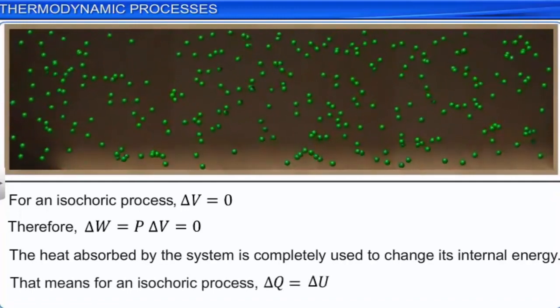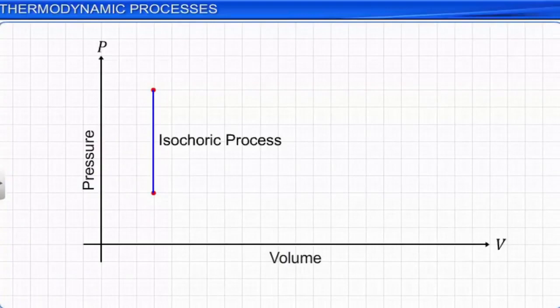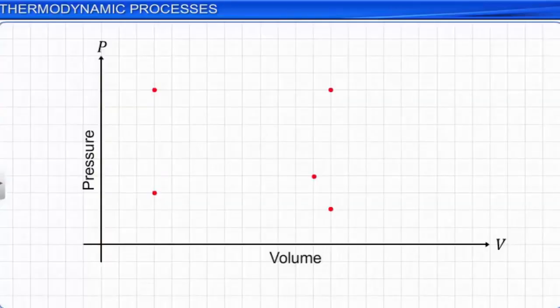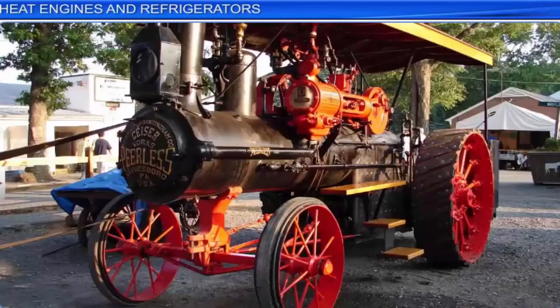The PV curve for an isochoric process is a straight line parallel to the axis represented by pressure of the system. The adjacent graph shows all the 4 important processes we discussed in a PV diagram. We know that mechanical energy is required to run many machines.